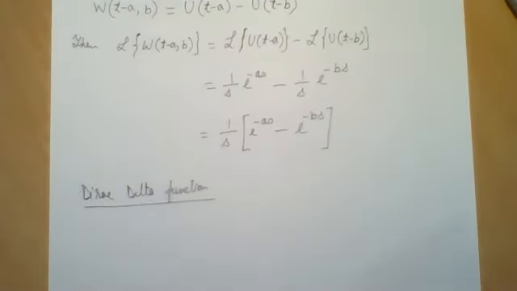Very often, we may have a large force or a large voltage in a system acting for a very short time. Such an impulse is usually idealized in terms of the Dirac Delta function.